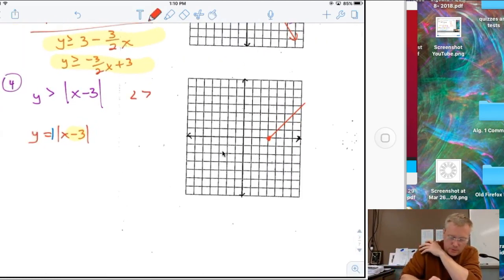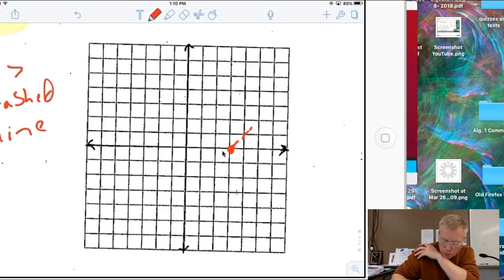Since it's one of those two, it's going to be a dashed line. Okay, so my solid line over here ain't so good. Come back to that. Okay, this one also going to have a slope of 1 going up and to the left, -1 rather.